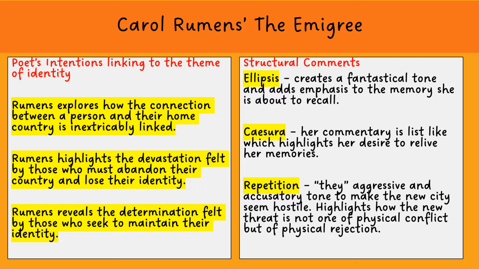The speaker feels that their identity is lost because either they cannot forge a new identity in their new country because people are so unwilling to welcome them, or maybe the speaker is so determined to hold on to their old identity that they're not willing to open their hearts to a new home.